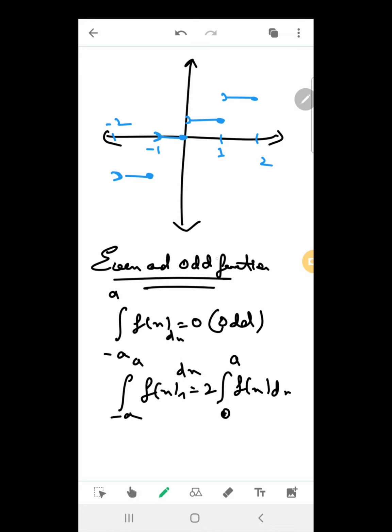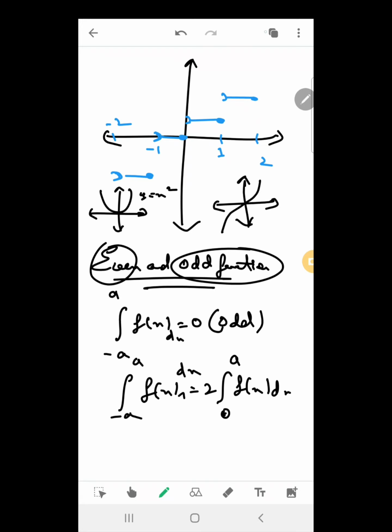Sometimes you are given a very tough integration and you keep on trying and won't be able to find any answer, because you are missing the main point of the question: that the function is actually an even function or rather an odd function, and you have been given a symmetric interval.